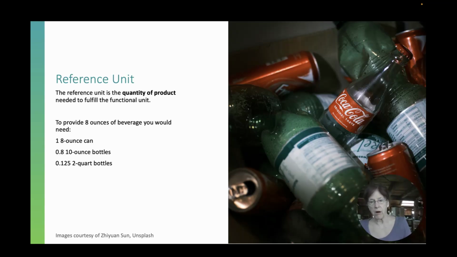So for our 8-ounce beverage, we would need 1 8-ounce can, 0.8 10-ounce bottles, and if you had a 2-quart bottle, you'd only need a 16th of it. That's the difference: it's the quantity needed to meet the functional unit. There's no function in a reference unit.